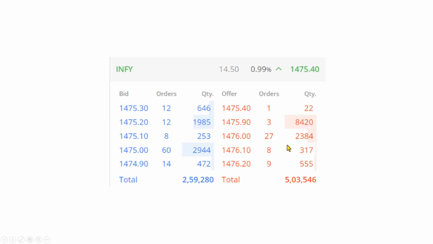Offer price is the price the sellers are asking for. Orders are the number of individual sell orders. And quantity is the total number of shares sellers want to sell at various price levels.